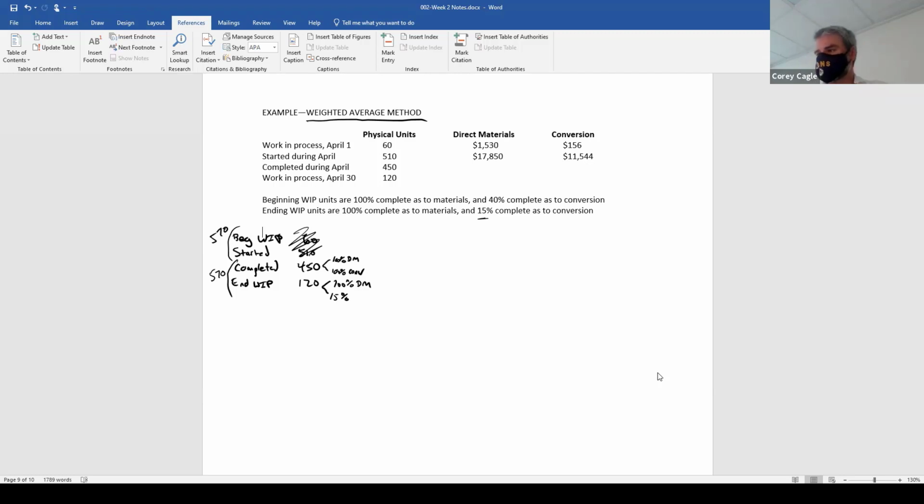So our step 2 is we're going to convert these incomplete units that are partially done. We're going to restate those in terms of what if that 15% of labor that we applied there had been focused on just completely finishing a certain number of units. Equivalently, how many units have we finished with that 15% of labor?